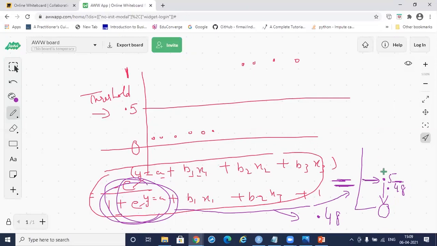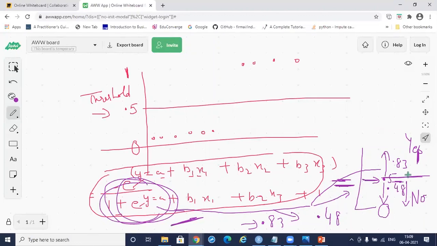And if it is above 0.5, suppose once this equation is resolved I get 0.83, which lies above 0.5, it means that particular patient has a value of 1, meaning yes, diabetes. If the probabilities are below 0.5, that patient does not have diabetes, and if they are above 0.5, those patients have diabetes.